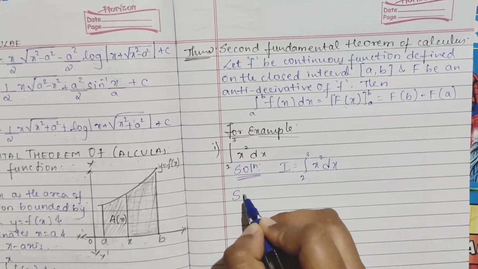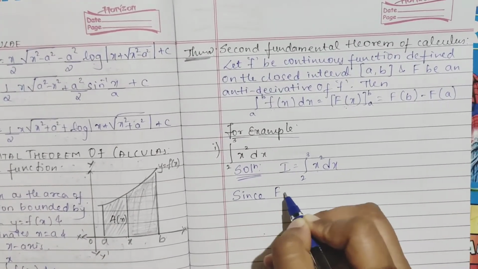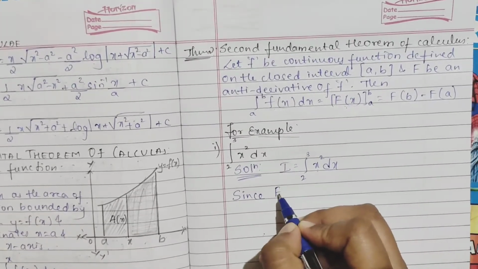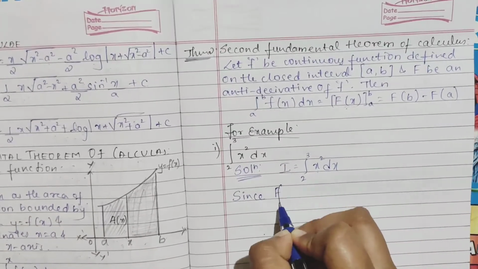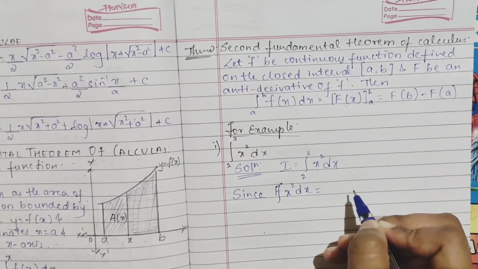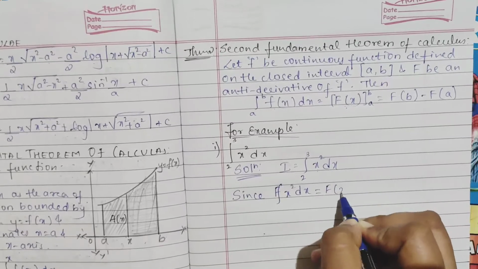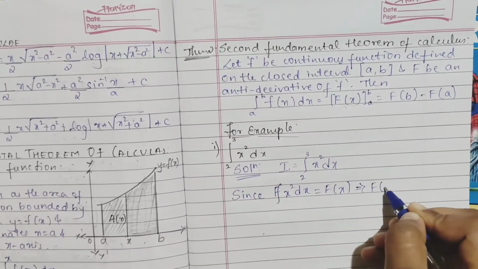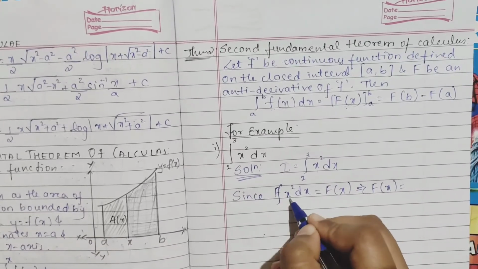The integration of x square dx is equal to F of x. Here F of x means integrating x square dx.